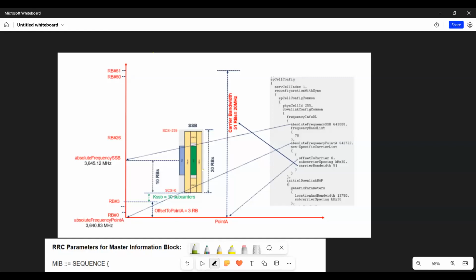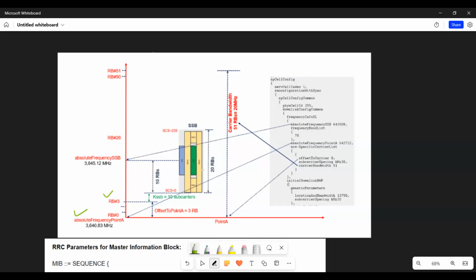So if you see here, just see this starting point, absolute frequency point A. Now you see this RB0 to RB3, right? From RB3 to KSSB there are 10 subcarriers, and then you have these 20 RBs for your SSB.